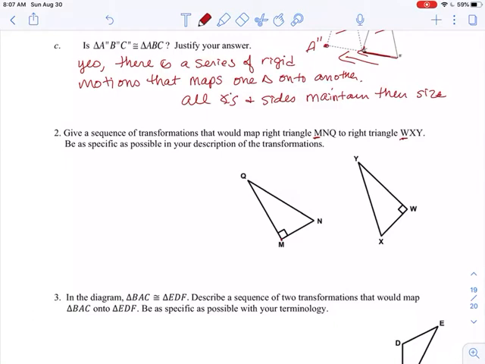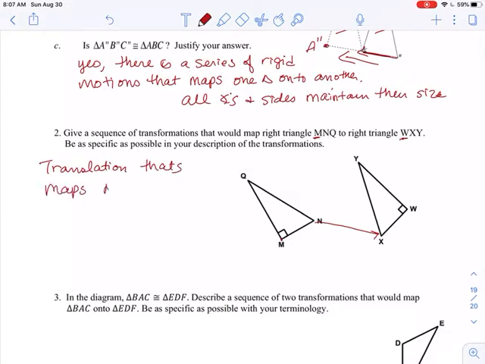The first thing that's easiest to do, especially when it's not on a graph, is to actually get these to touch each other. Okay, so I want to do a translation that's going to map N onto X. So I want to do a translation, and I'm more going to just describe this.